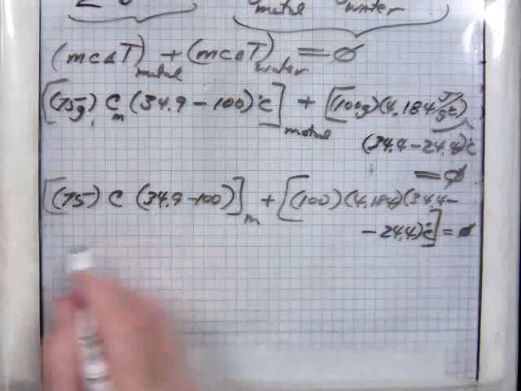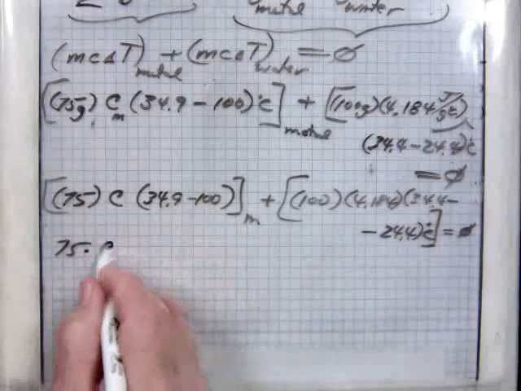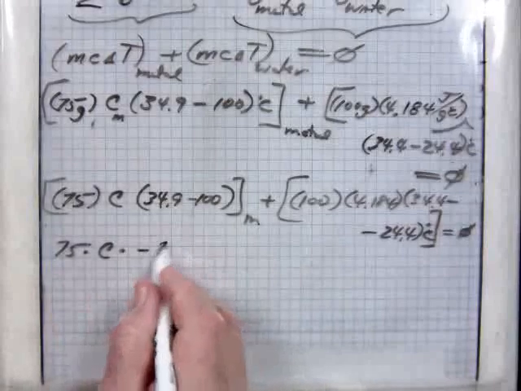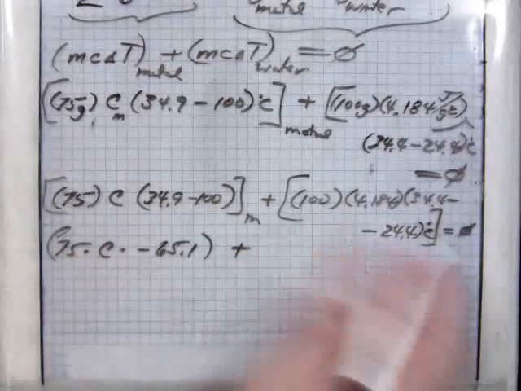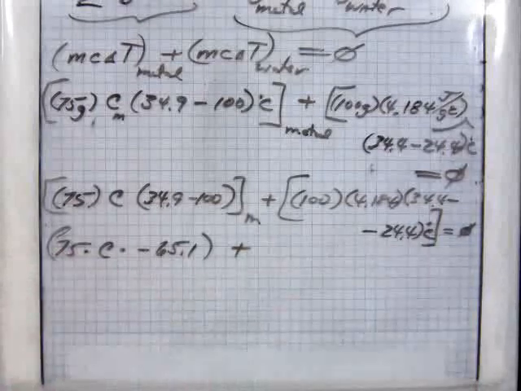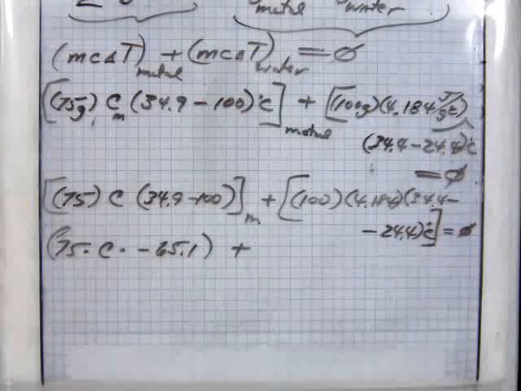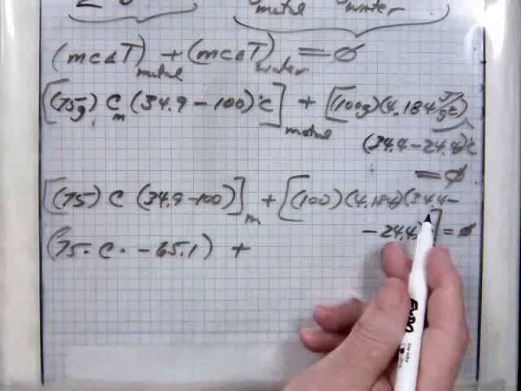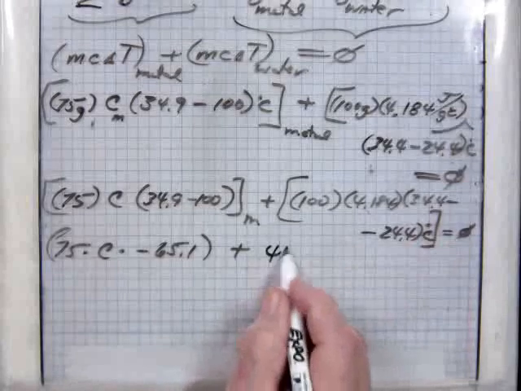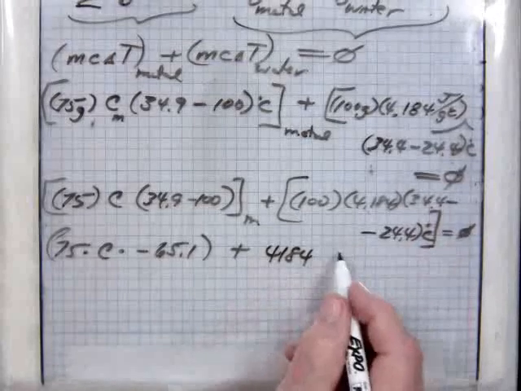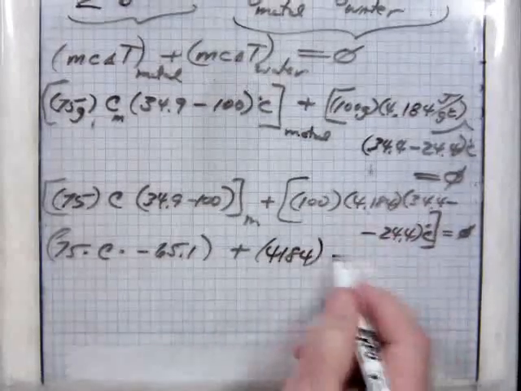This is 75 times C times minus 65.1 right here, plus 100. That's 34 to 24, that's 10, 1,000 times 4.184, so that's 4184 out of that, which equals 0.